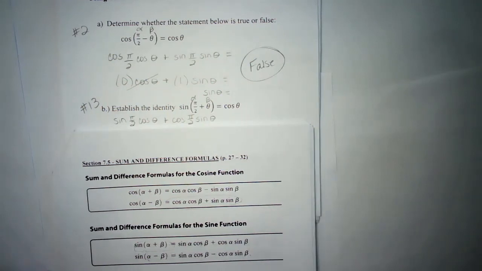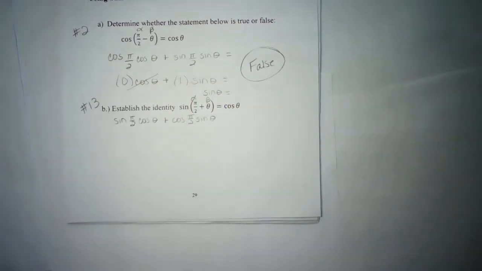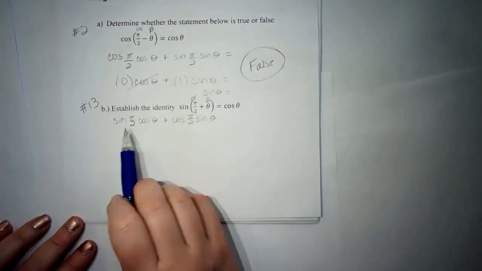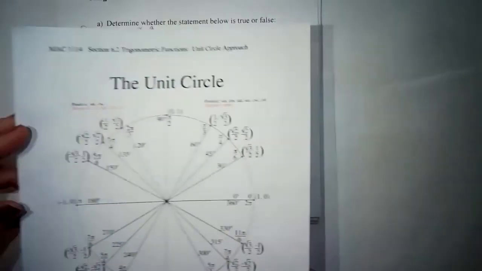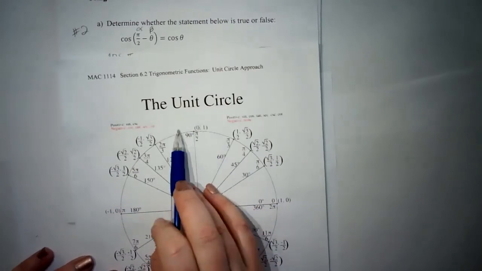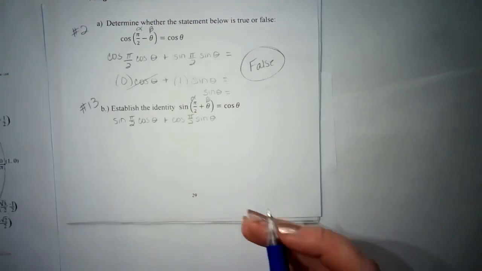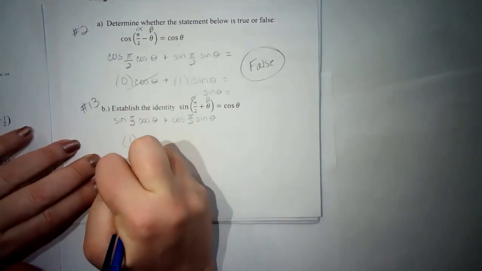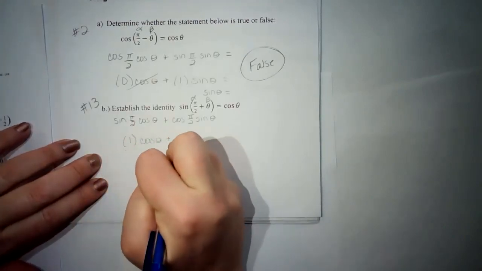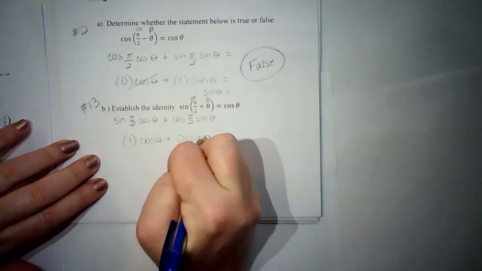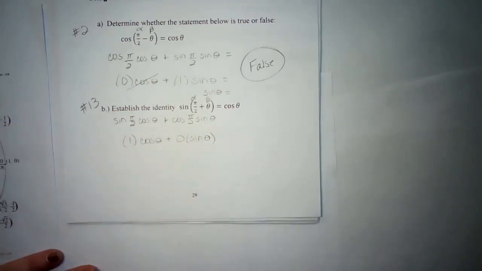Again, I can't do anything with the thetas, but I still have the pi over 2 situation. So I'm going to go to my unit circle. Here's my pi over 2. My cosine is 0. My sine is 1. So I'm going to have 1 times cosine theta plus 0 times sine theta.